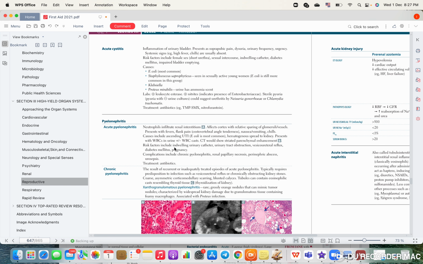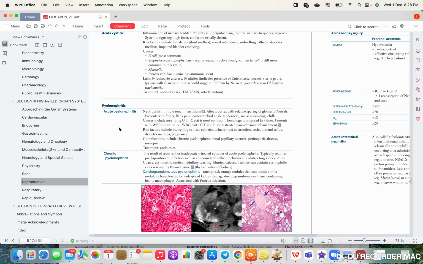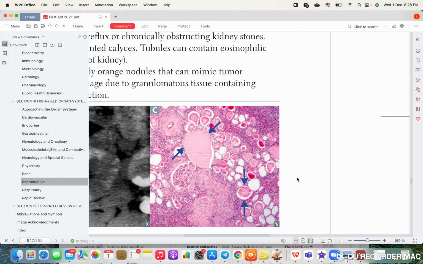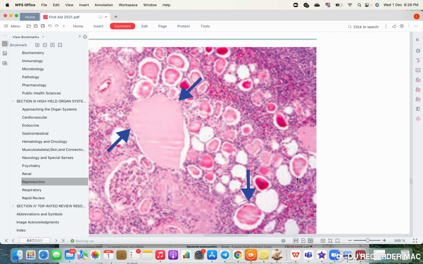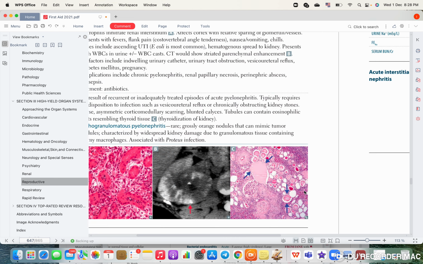How to reduce the risk of getting a UTI from an indwelling catheter? Yeah, remove it as soon as it's not needed. Okay, so if we speak about what is this? Thyroidization of the kidney because of chronic inflammation.